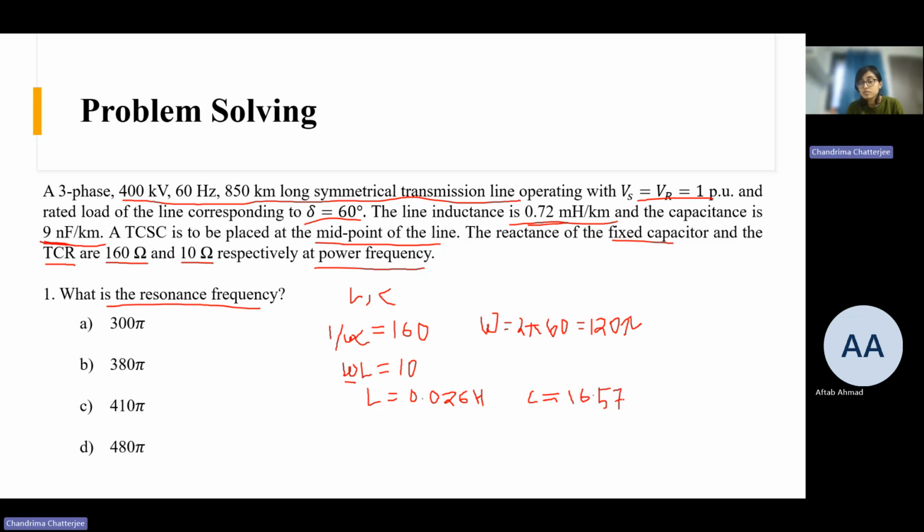This comes out, right? So now we can find out what the resonance frequency omega R is.